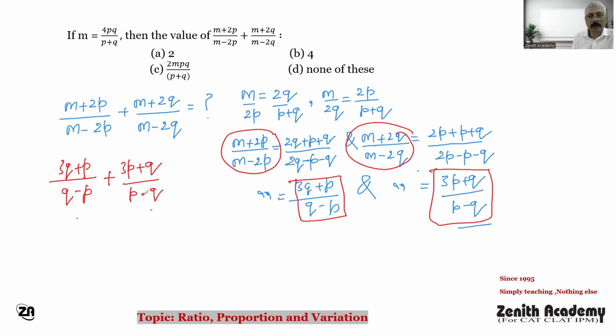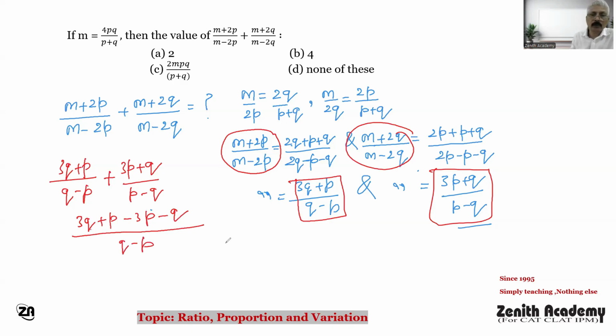So here, if you take minus common, then it becomes q minus p, means 3q plus p minus 3p minus q upon q minus p.